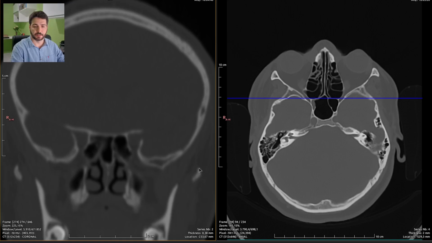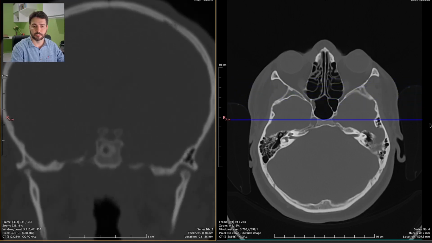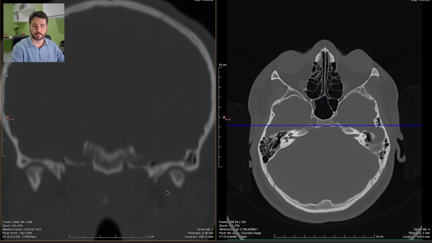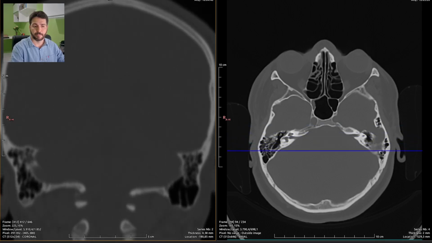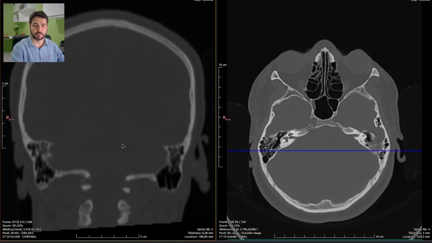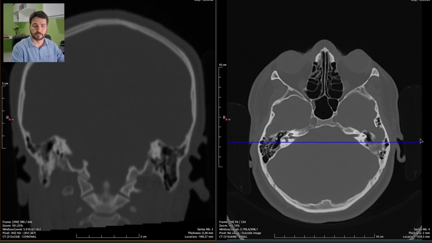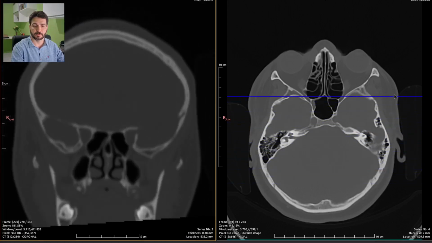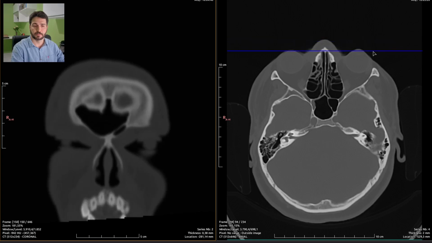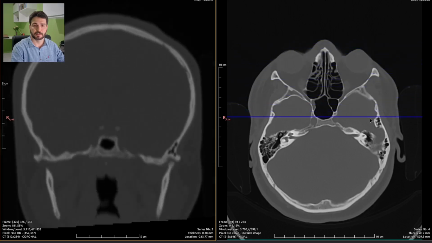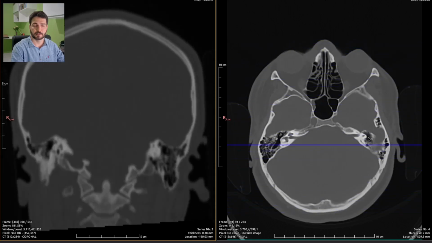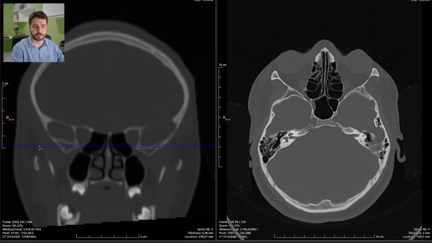Zygomatic arcs are indeed normal. And the temporomandibular joints are fine. Petrous bones, petrous pyramids are preserved. This is a normal bone scan of the skull. No signs of fractures or disease whatsoever.